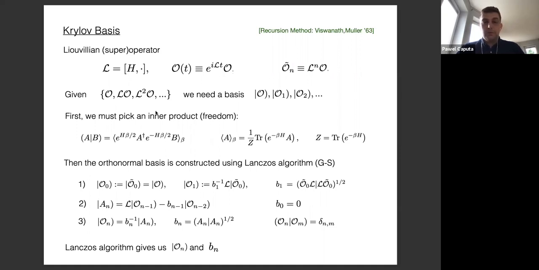And what will also be important is the so-called inner product in the space of operators. Once we are building the states, we need to orthonormalize them. So for this basis, we need to pick the inner product, and the standard way to do that will be to choose the so-called Wightman inner product, where for two operators A and B, we compute their inner product as the two-point correlator of B and A dagger in the thermal state.